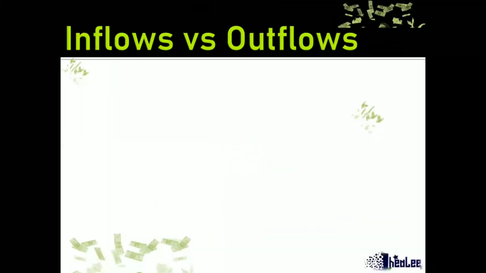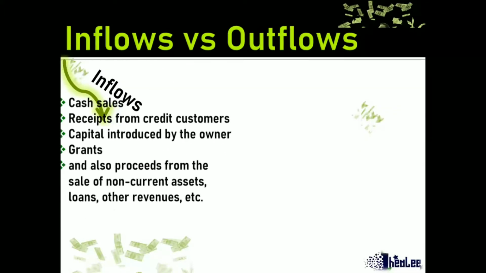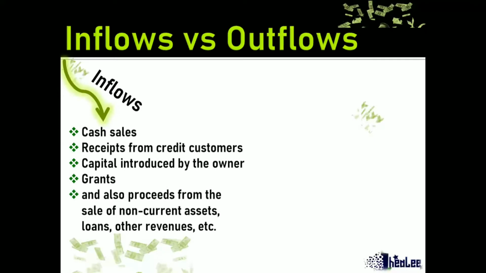Now, I've mentioned inflows and outflows. Inflows are basically the receipts, and the outflows are what you make as payments. But what causes receipts of cash in the business? What are the inflows? Here is a list of items that cause inflows of cash into the business: cash sales, receipts from credit customers, capital introduced by the owner, grants, and also proceeds from the sale of non-current assets.